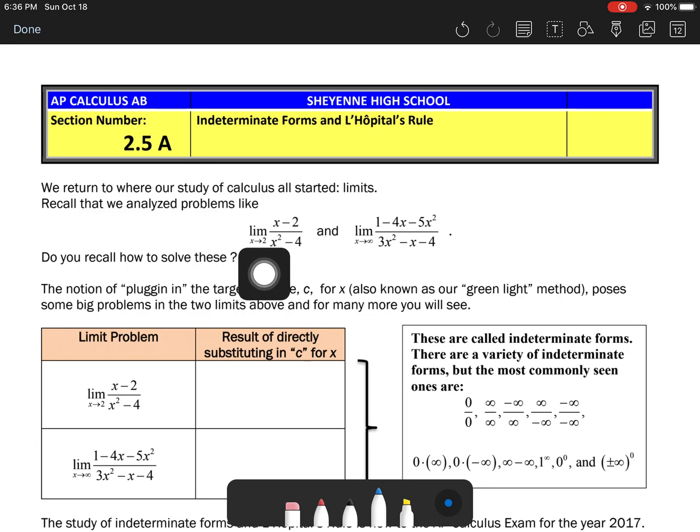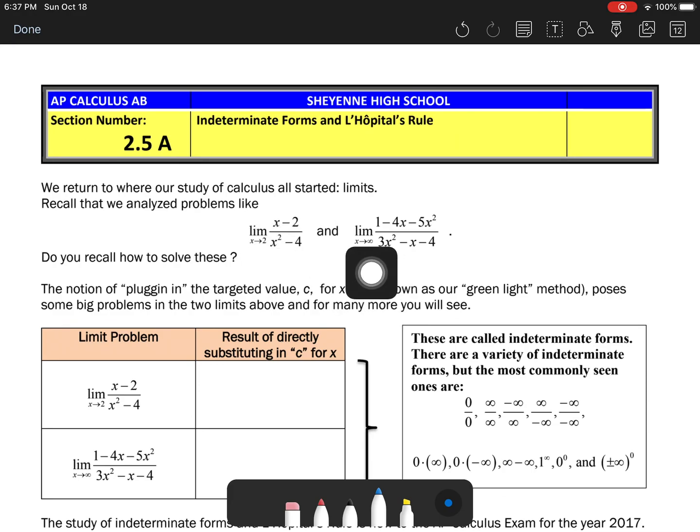Many times it yields an expression that's undefined, or what we're going to say here, when we see that we get 0 on top, 0 on the bottom, that's going to be one of our indeterminate forms. That's probably the most common indeterminate form, when we get 0 on the top and on the bottom. So there's going to be a technique we can use called L'Hopital's rule when we get an indeterminate form.